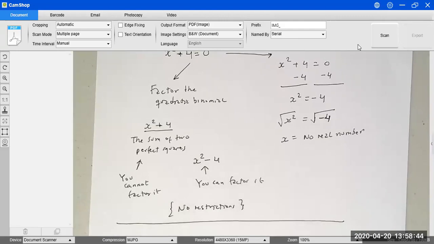So we're going to continue with the next part of the same section. We are working section 7.1, and now we're going to start simplifying rational expressions.